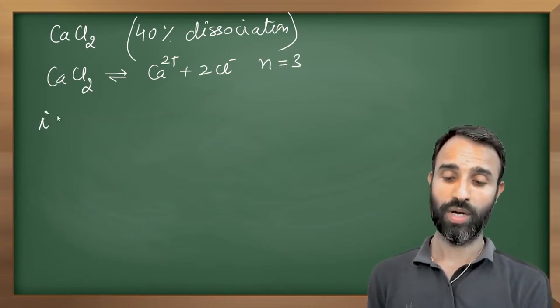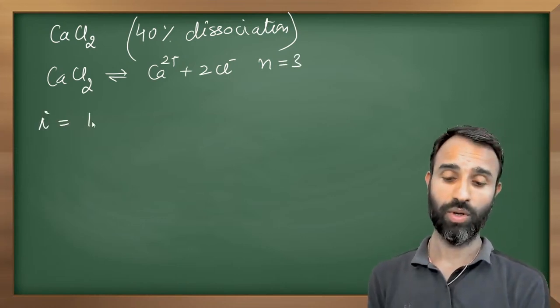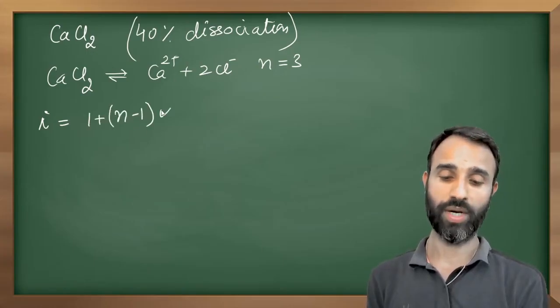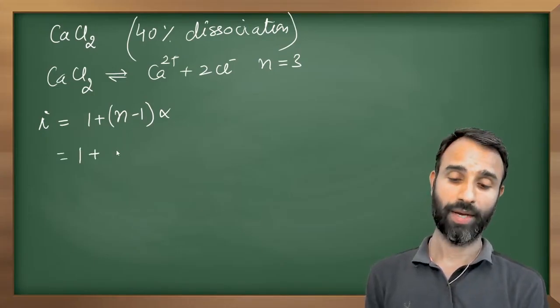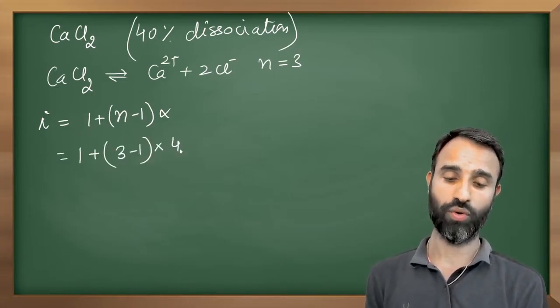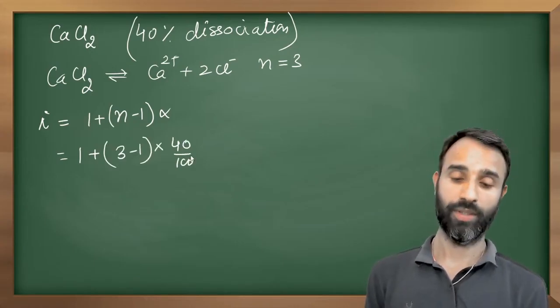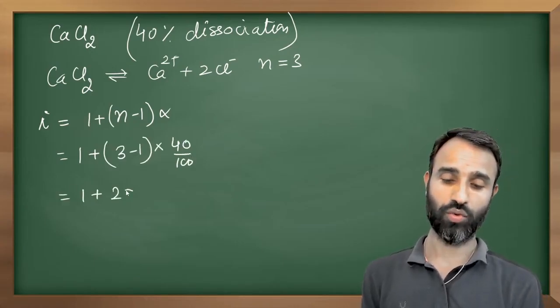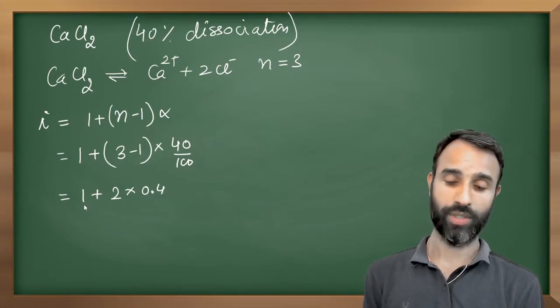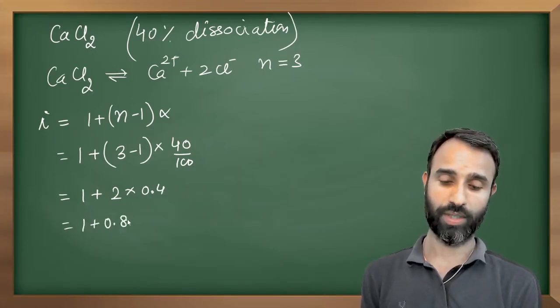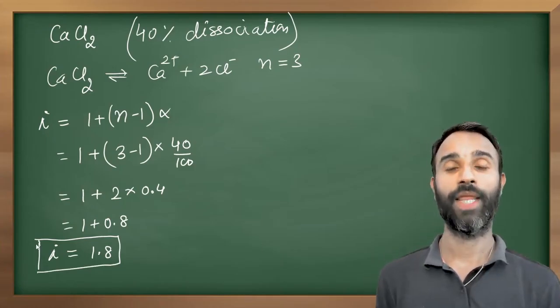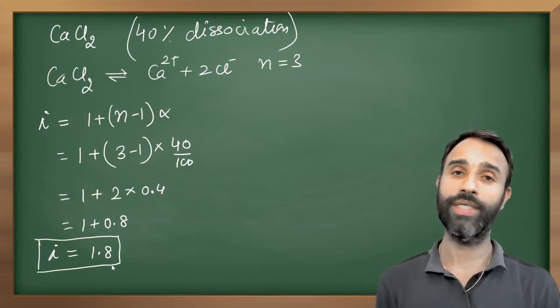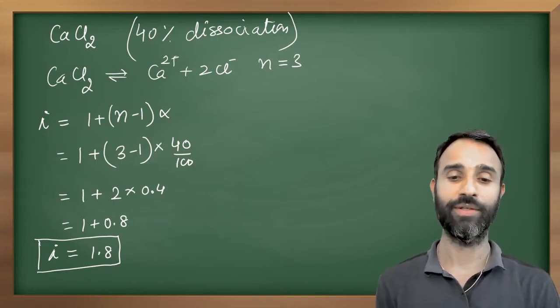But now we have to apply the formula I equal to 1 plus n minus 1 alpha. Means it is 1 plus, n is 3, minus 1, into 40%. So it is 1 plus 2 into 0.4, so it is 1 plus 0.8. So I is equal to 1.8.